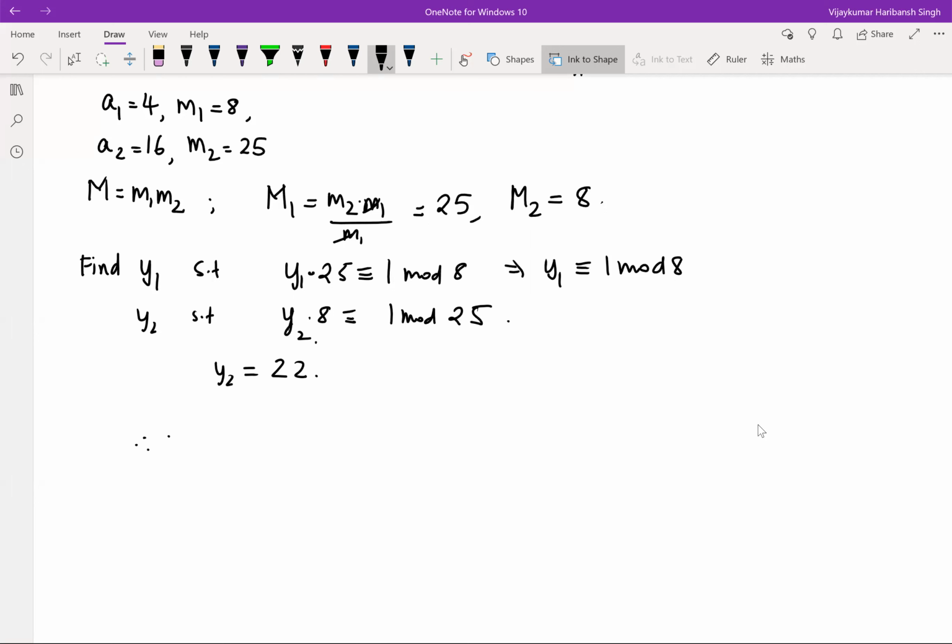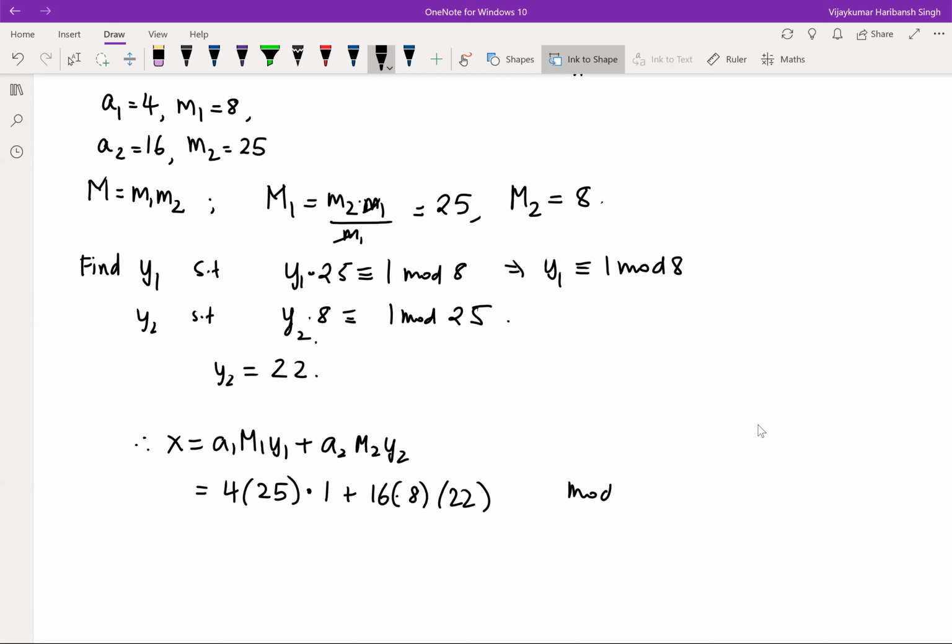So what is your solution? x is going to be a1 M1 y1 plus a2 M2 y2, which is 4 times 25 times 1 plus 16 times 8 times 22, and this mod m, which is 200, will be your solution.